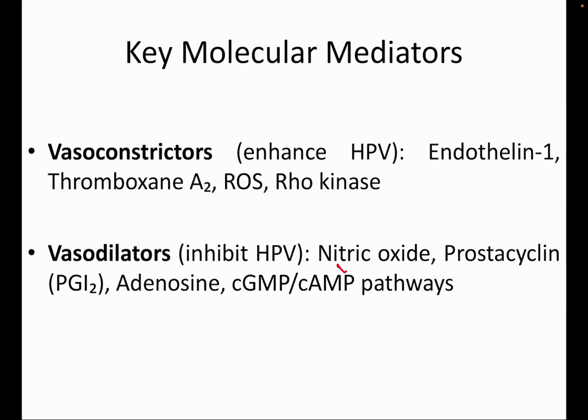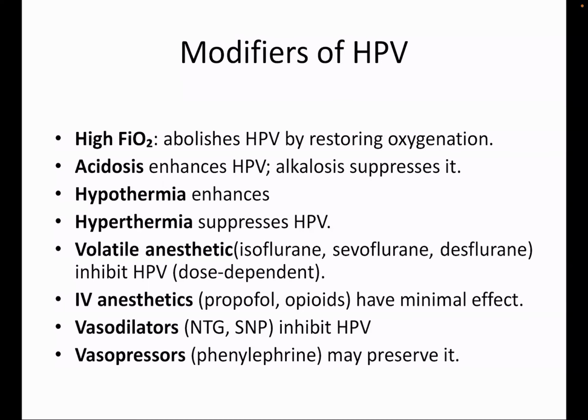If it is more than 1 MAC, the HPV is decreased. IV anesthetics usually have a minimal role, but propofol has some literature evidence suggesting that it has a role in reducing HPV. Vasodilators like NTG, SNP will all reduce HPV. Vasopressors like phenylephrine may preserve it.